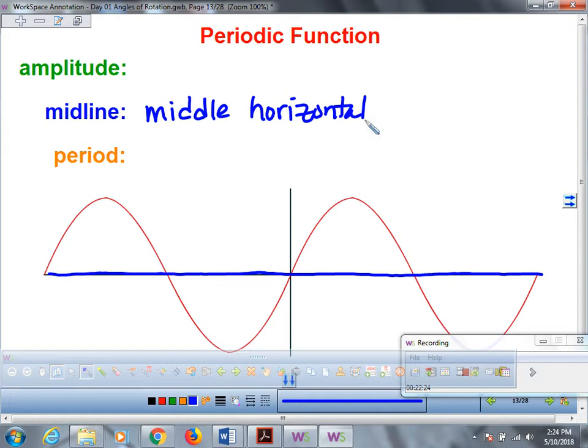All right, what about the amplitude? The height. Ooh, I like that. The range. You know why I like that word? I like the range because amplitude is not how far it goes. Here we go.